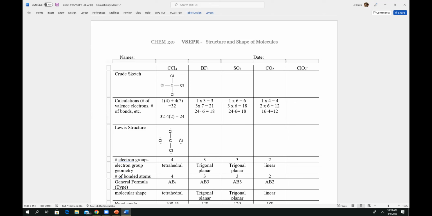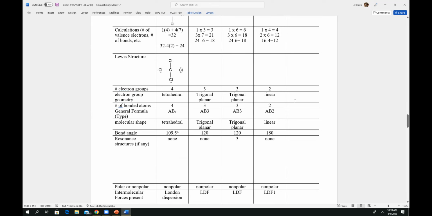So we have 1 times 7, because chlorine's in group 7, equals 7. And then we have 2 oxygens, right? Times 6, which equals 12. And then we have 1 extra electron.